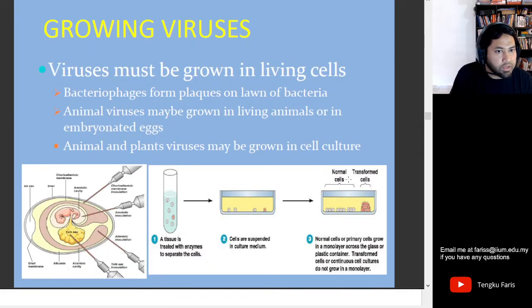Good. You know that viruses can be grown inside the lab. For medical and research purposes, usually we grow the viruses to study certain diseases, to infect, or to see where these viruses bind, or what symptoms are caused by these viruses.